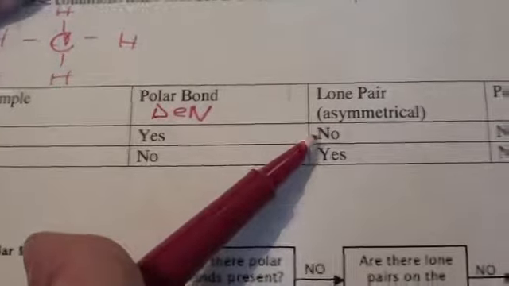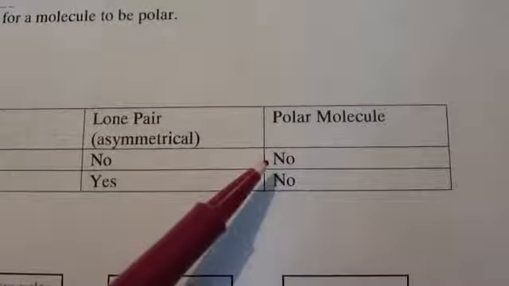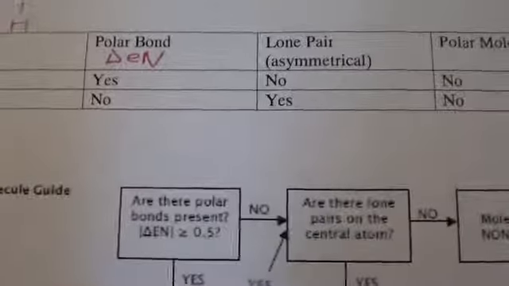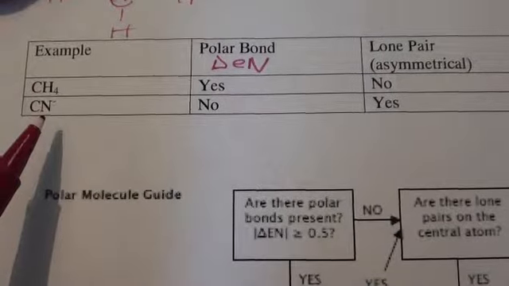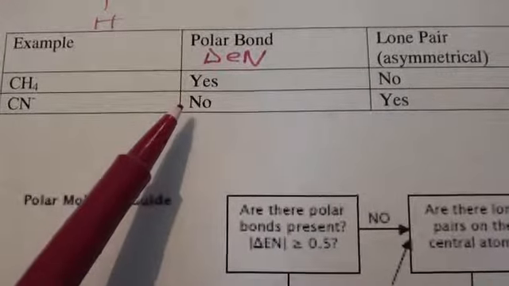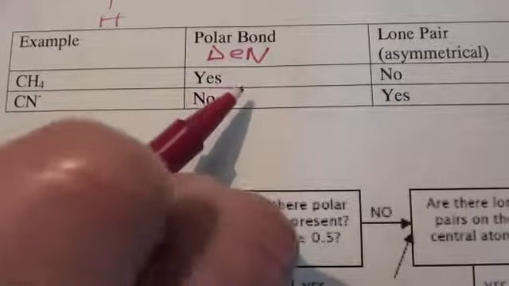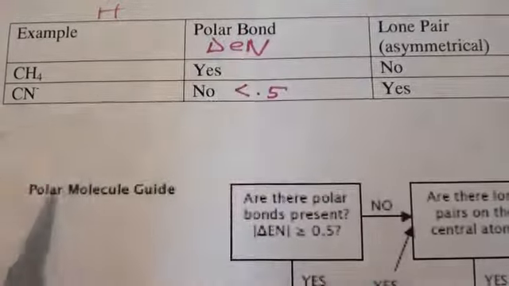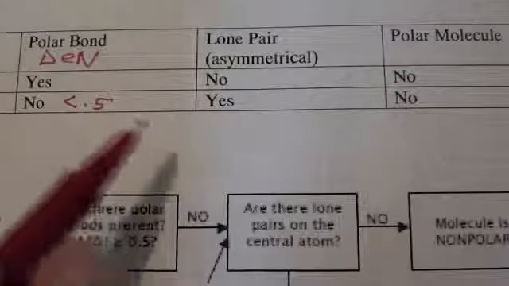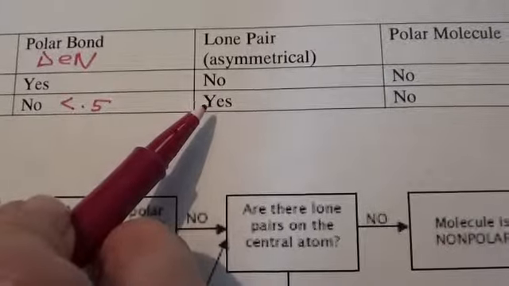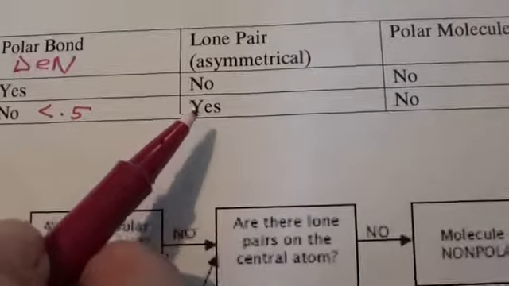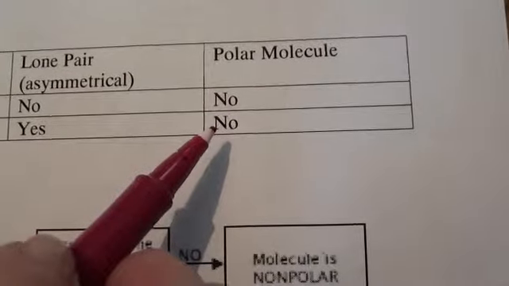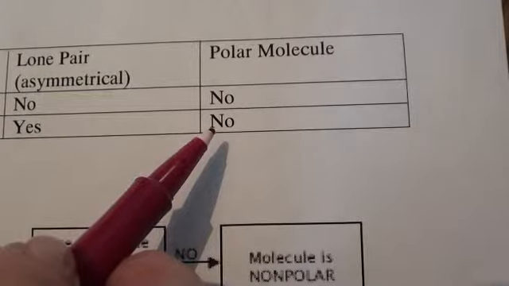It is symmetrical, therefore it is nonpolar. The cyanide ion does not have a delta EN that is polar, so its delta EN is less than 0.5. It is asymmetrical, however. There are lone pairs, but it has not met both those conditions, so it is nonpolar.